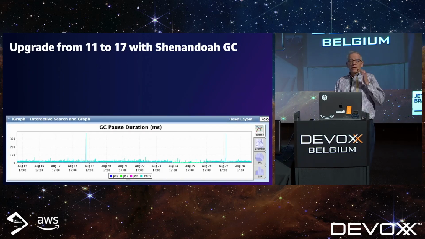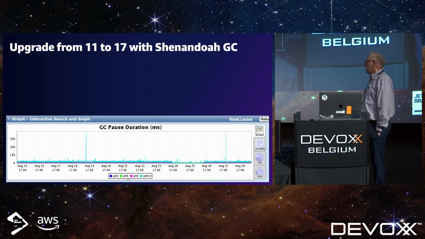And more recently, just to put this in even more current context, we have seen some groups moving from Shenandoah with JDK 11 to Shenandoah with JDK 17, and right here was an experiment with JDK 17.